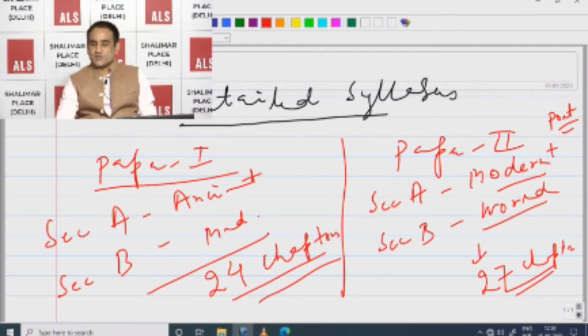So why do you consider this a huge syllabus? Because an elaborate, detailed syllabus is mentioned. In paper 1 they have mentioned 24 chapters, in paper 2 they have mentioned 27 chapters. But try to understand one thing. They have mentioned these chapters, but you will see that they have elaborated each chapter.